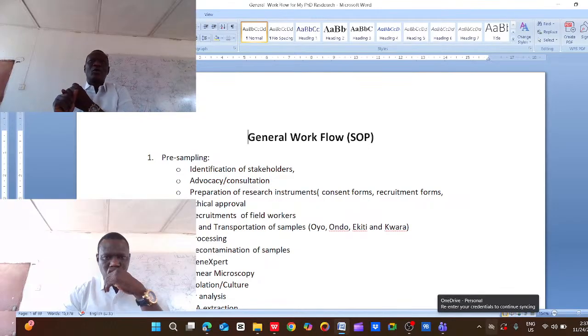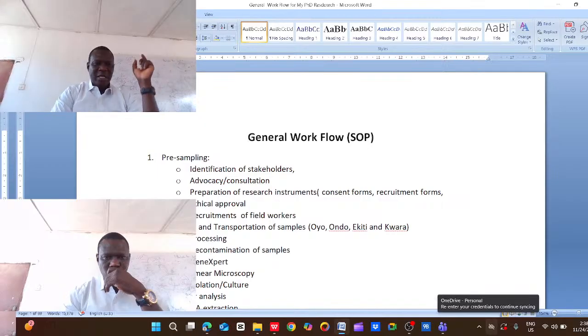The instruments you use in collection, as well as how you transport them to the laboratory, are very important. The method of collection determines your final results. So that is collection and transportation of samples.